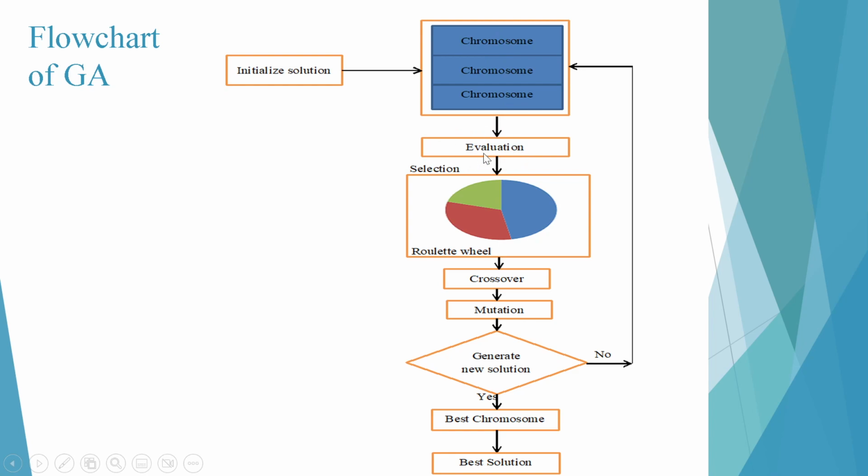Then we evaluate them using the fitness function in order to select the parents based on the roulette wheel here, and then perform crossover and mutation in order to generate the new solution. If we get the best chromosome, it can produce the best solution and the process stops. Otherwise the process is repeated until we get the best solution.